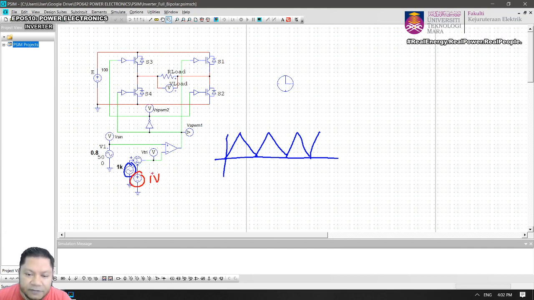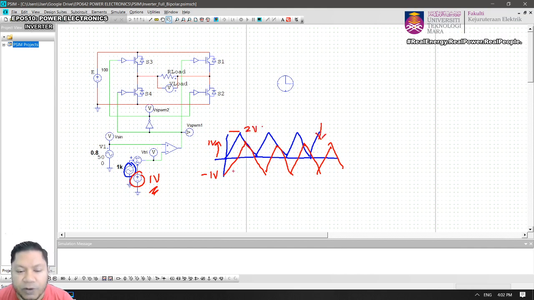There is a DC offset, so 1 volt here and minus 1 volt there, compared to just now when we had 2 volt here. With the DC offset, you move it down by 1 volt.